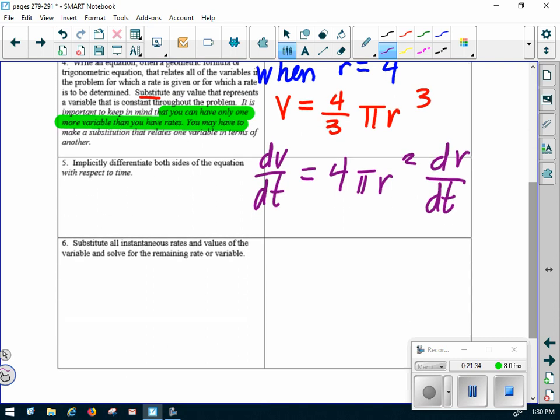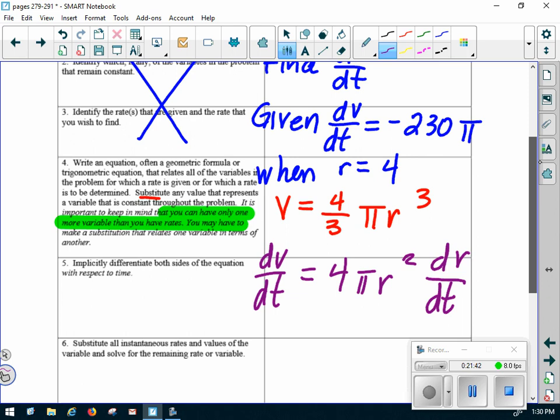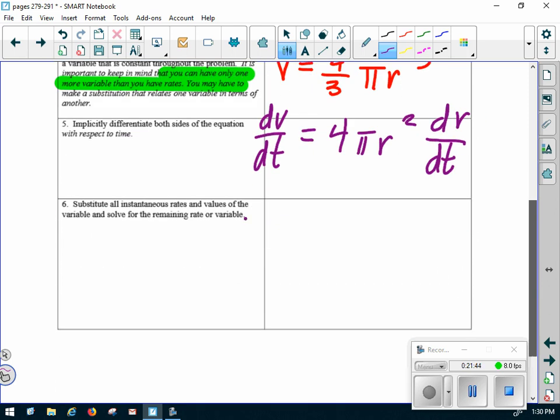Well, partly. Let's look. Substitute in everything that you know. I know what dV dt is: negative 230 pi. I know what r is, at the instant when r is 4.